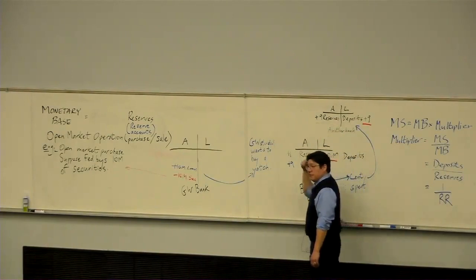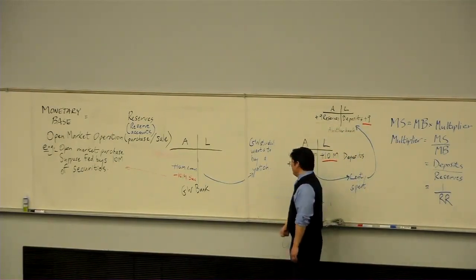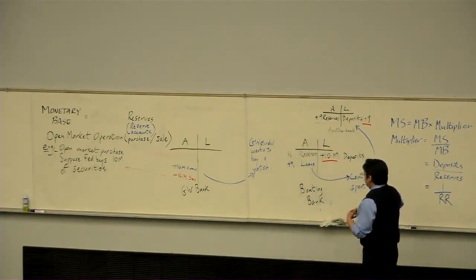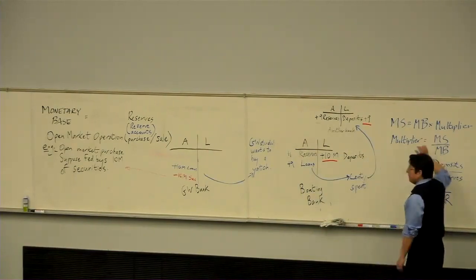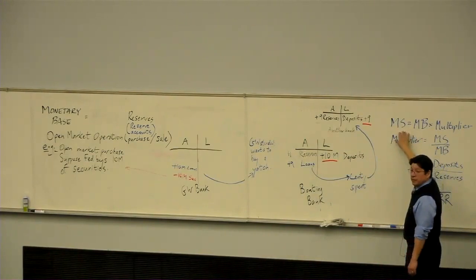And then the same thing would happen at the next stage, and so on and so on. So there's several ideas here. One is that, as suggested here, when you change the monetary base, you end up with a larger amount of money supply.